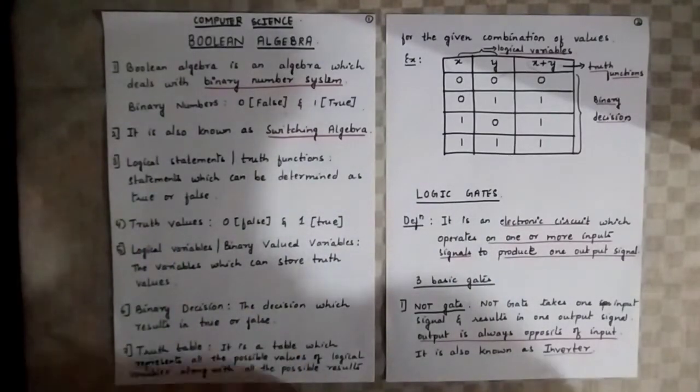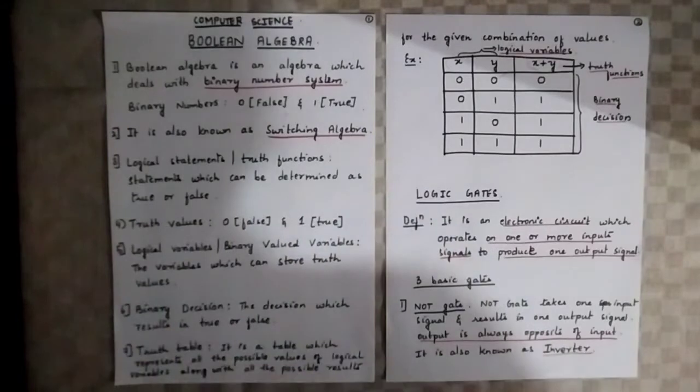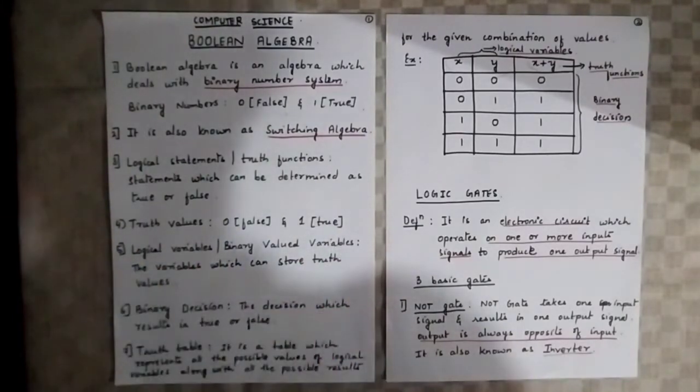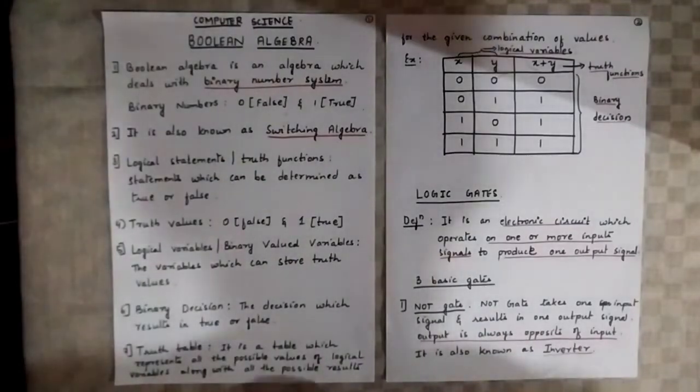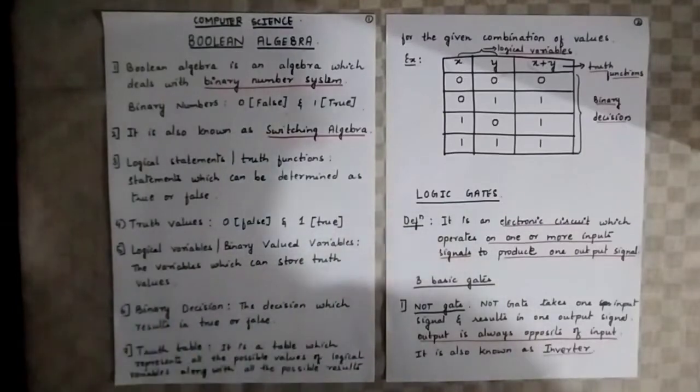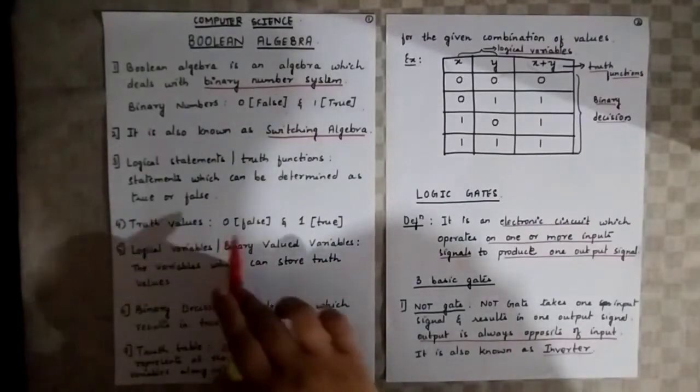Coming to the next term, which is truth values. Truth values are nothing but the values 0 and 1 with which Boolean algebra works. Moving on to the next term, which is logical variables or binary valued variables. As the term itself explains, these are the variables which can store truth values. What are truth values? They are nothing but zeros and ones.